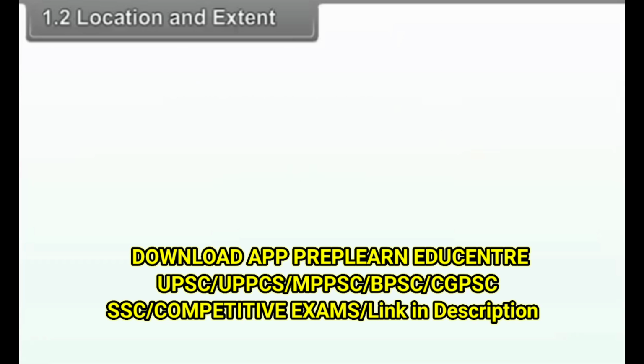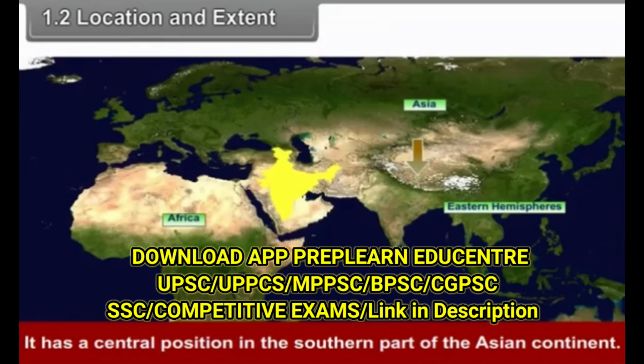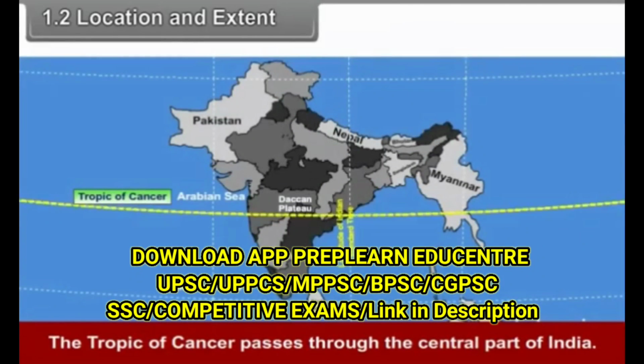1.2 Location and extent. India lies in the northern and eastern hemispheres. It has a central position in the southern part of the ancient continent. The Tropic of Cancer passes through the central part of India.